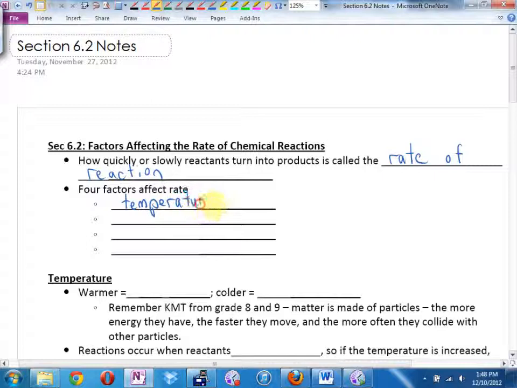Temperature. Surface area. Concentration.